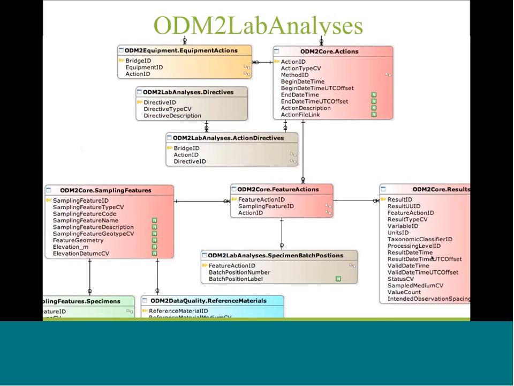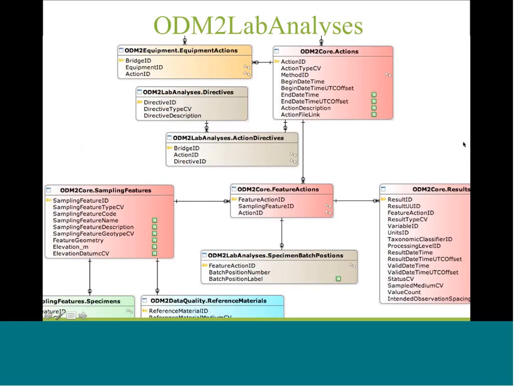So when we looked at everything, took that step back, we realized that, gee, the whole lab analysis workflow has been taken care of really quite well by doing a good job of keeping track of equipment, reference materials, and other data quality information. There's not a whole lot left.